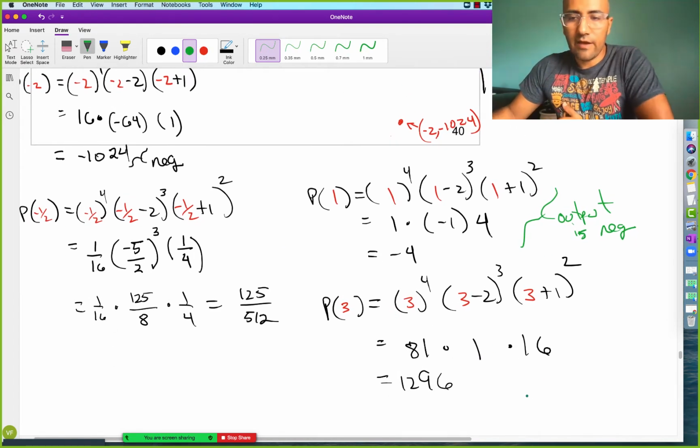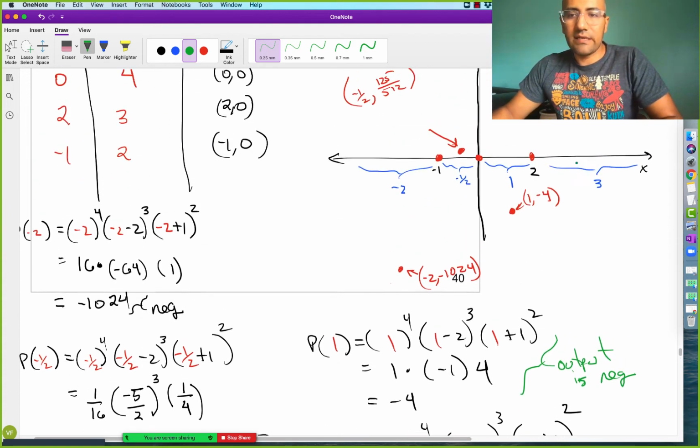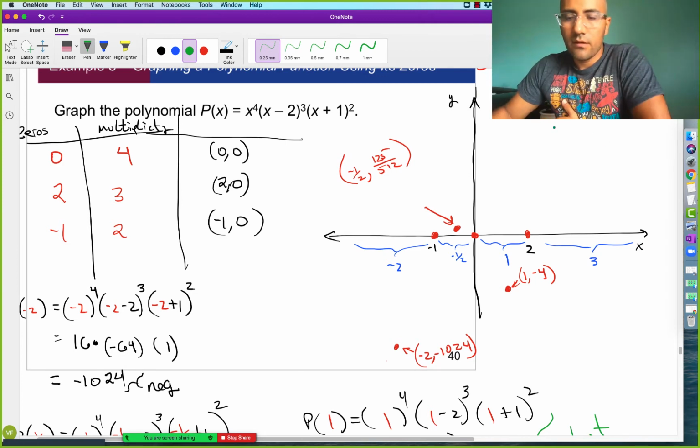Nice big positive output. So I know that when I graph it, 1296 is going to be some huge value way over here at 3 comma 1296. Good. So we're starting to get a sense of what this graph will look like.